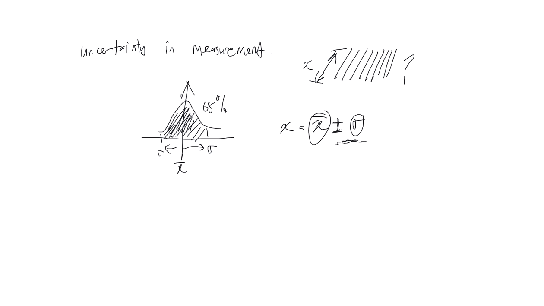And now the main concern here is, instead of one variable, what if your measurement involves multiple variables, and then you are required to use those variables to calculate a derived quantity.